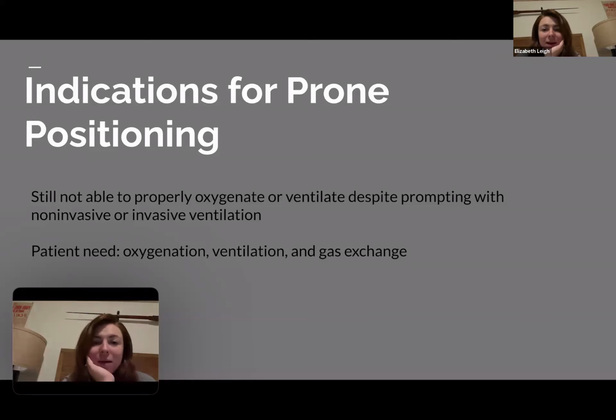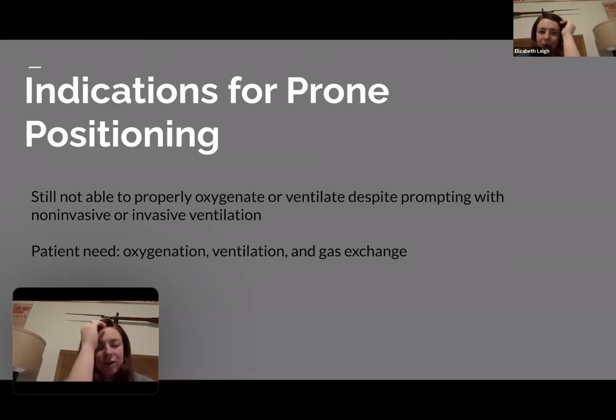They could have a lung mass, anything that is prohibiting proper oxygenation and ventilation. And oftentimes you'll see that they're intubated, mechanically ventilated, or on a BiPAP or something to that degree, and they're still not oxygenating and ventilating despite being either intubated or on some type of non-invasive ventilation.